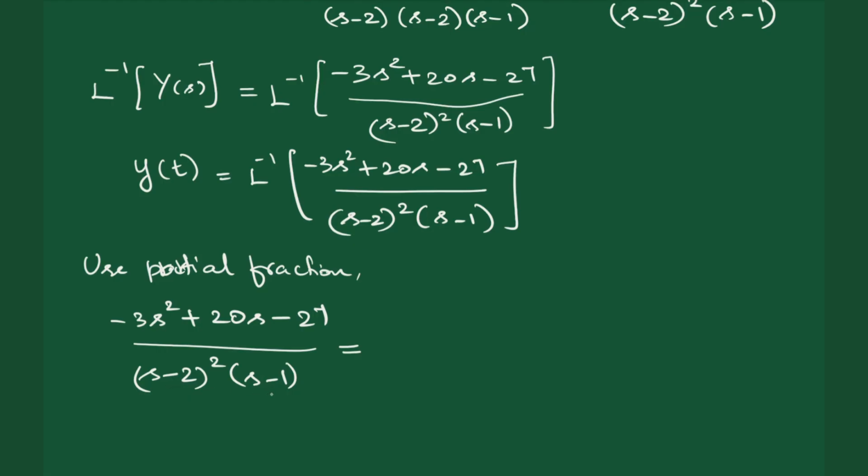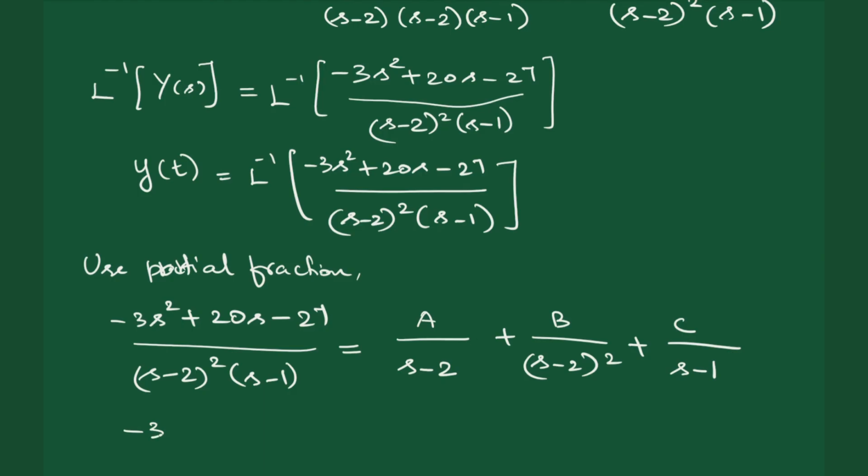So totally three linear factors are there. So a by s minus 2 plus b by s minus 2 whole square plus c by s minus 1. So now we know how to find a, b and c. By the usual partial fraction method, we can find it.